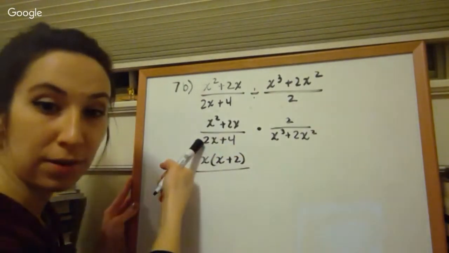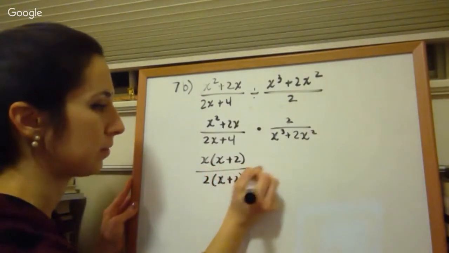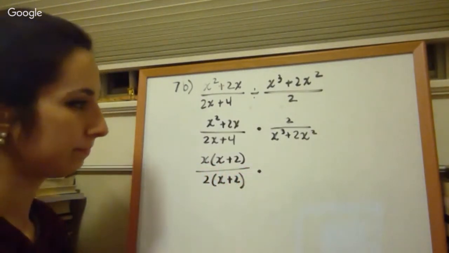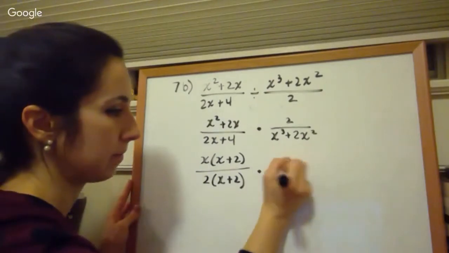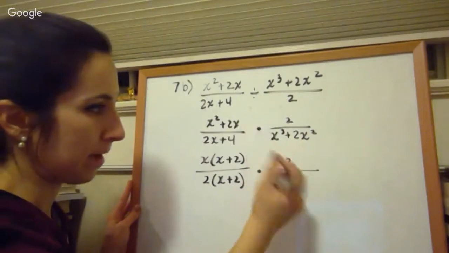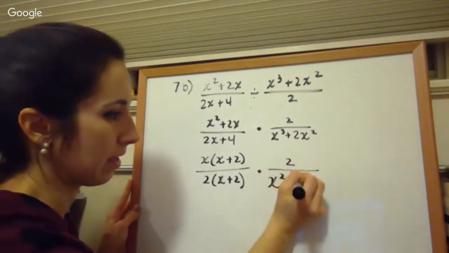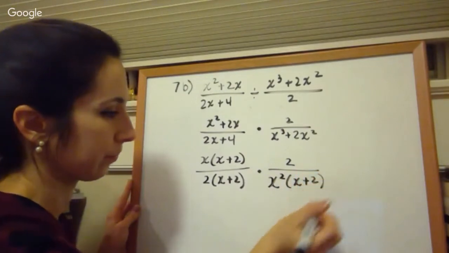This I can factor out a 2, and I'll be left again with x plus 2. 2 is just going to stay. Out of this, again, I can factor out by greatest common factor an x squared, and I'll have x plus 2.